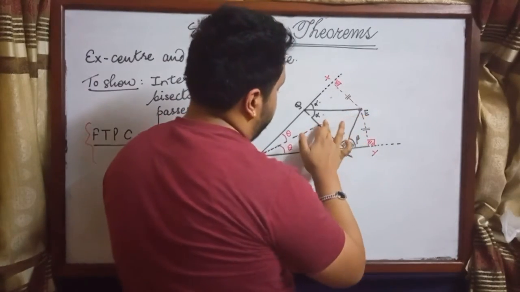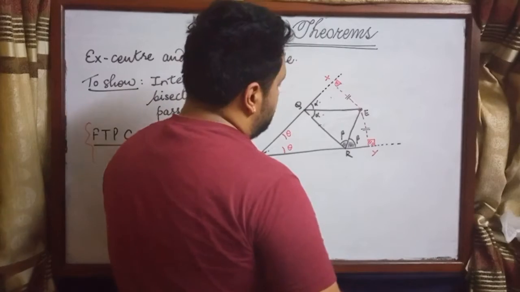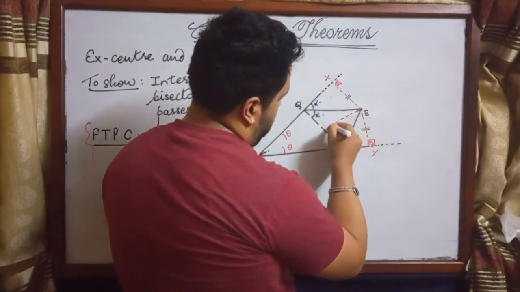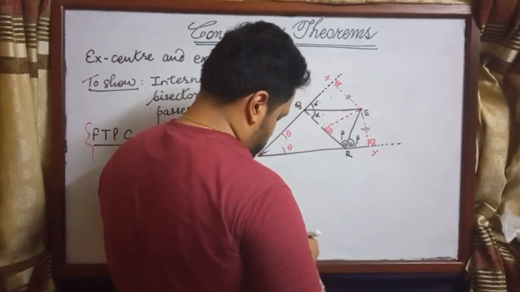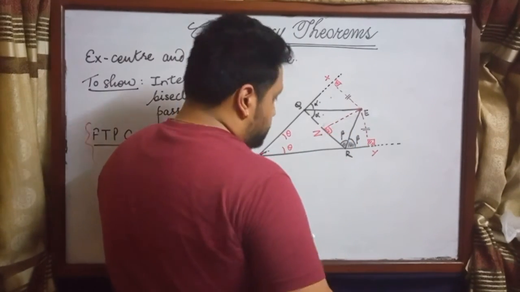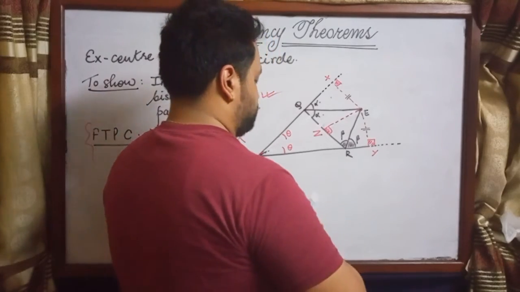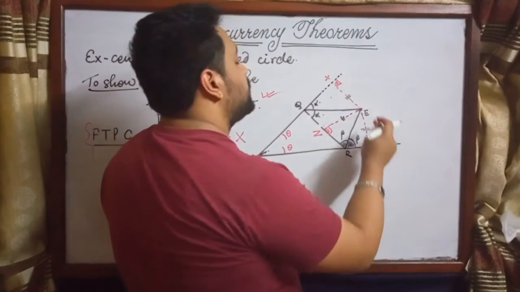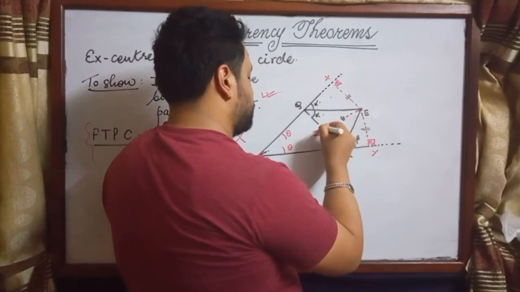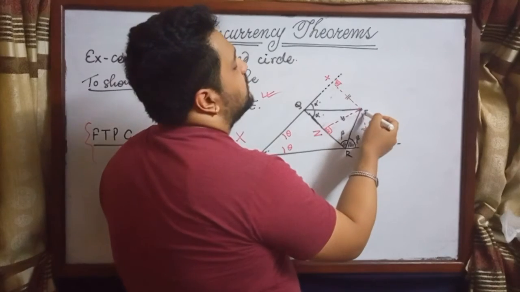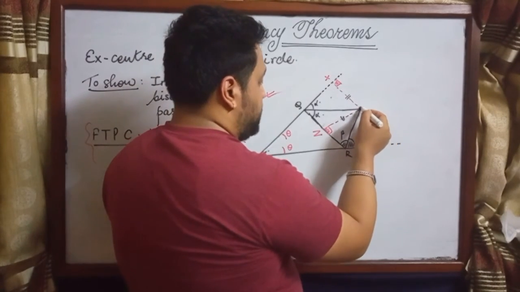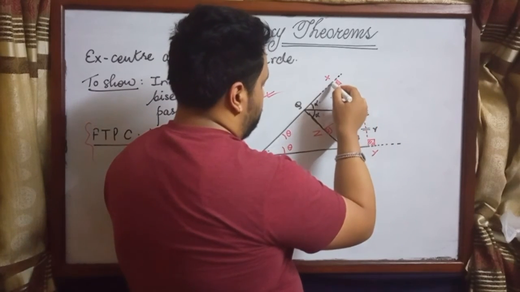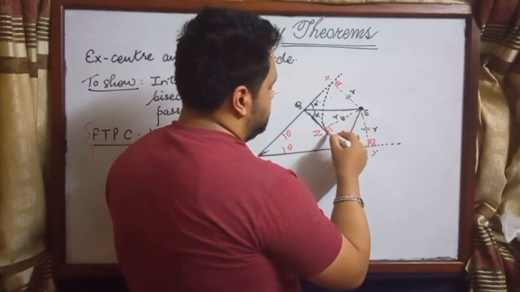Now we were talking about EX, EY and EZ, these three lengths being equal, as a result of which we can draw a circle with center at E and radius, let's say R, which would be something like this.